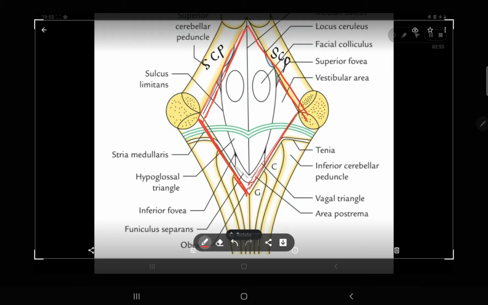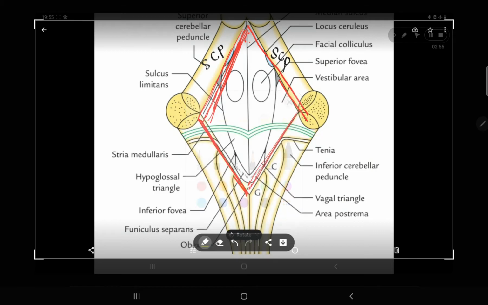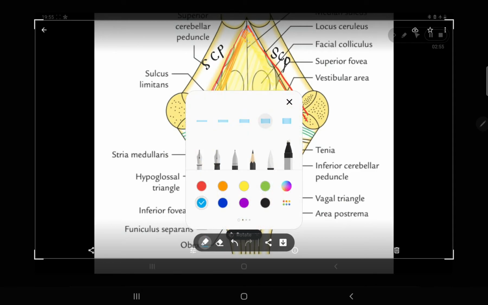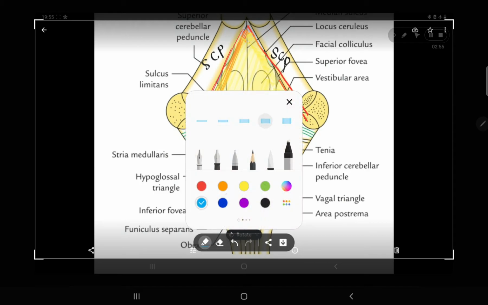This upper portion I am marking with yellow. This is the pons, the lower part of the pons. And this portion I am marking with light blue. This is your medulla, the upper part of the medulla.